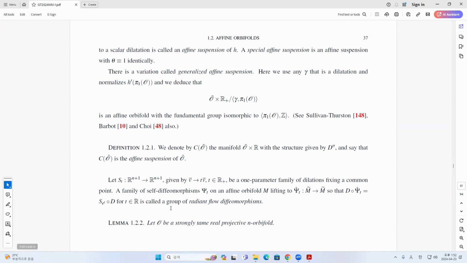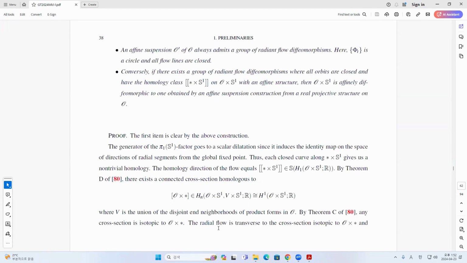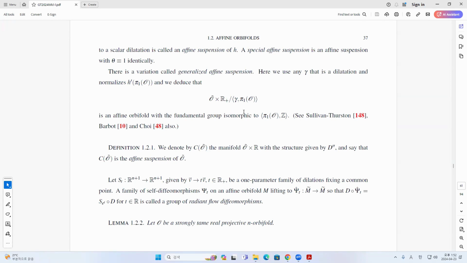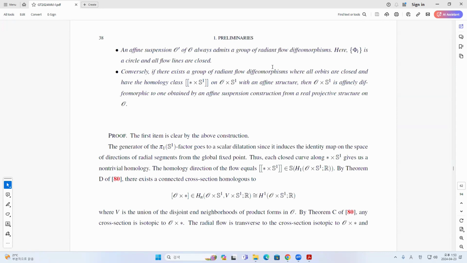It's called the group of radiant flow diffeomorphisms. And if O is a strongly tamed real projective orbifold, then the affine suspension will always admit this radiant diffeomorphism, because this rho is a scalar multiplication, and then you can act by any other scalar multiplication, and it will lift.